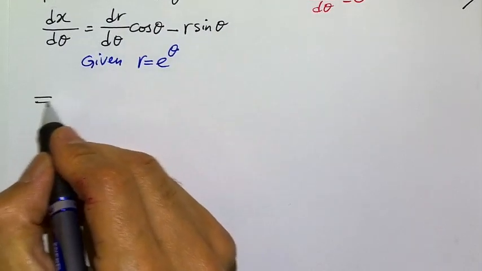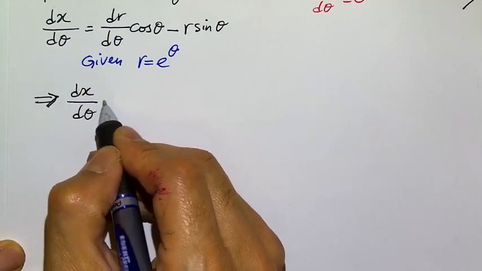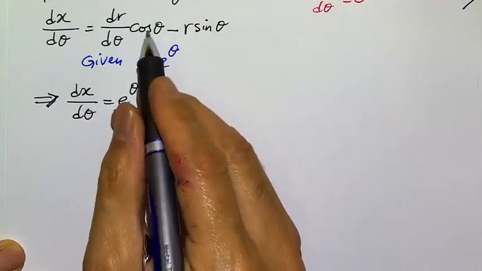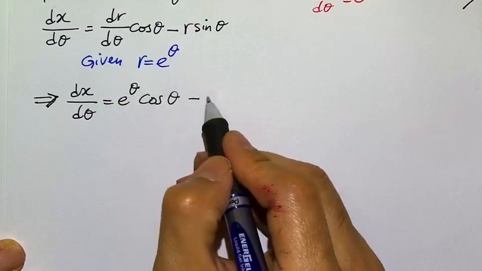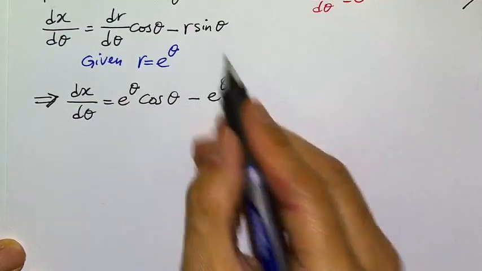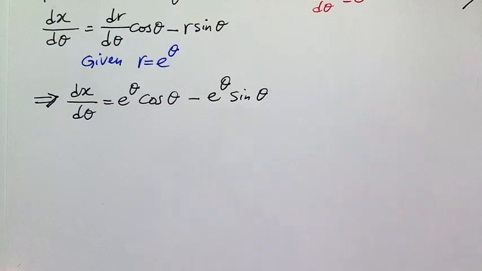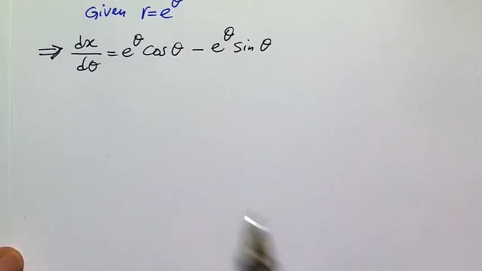All right, so we have dx d theta equals dr d theta, which is itself, times cosine of theta, minus r, which is itself e to the theta, times sine of theta. Right, so once again we can factor out e to the theta.